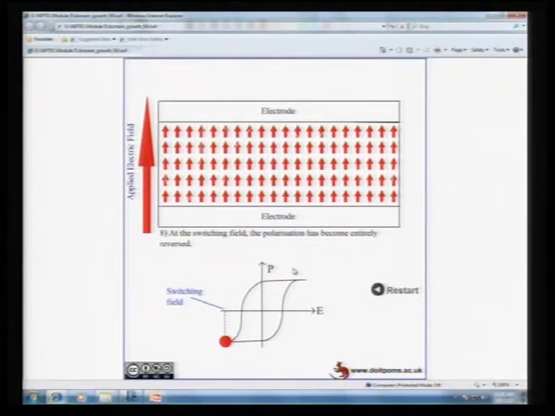As a result, you have plus PR and minus PR and plus EC and minus EC. Any shift in the hysteresis curve is because of extraneous reasons, not because the ferroelectric has that. Ferroelectric intrinsically has this hysteresis loop which is symmetric with respect to both the axes. I hope this animation helps you understand the objectives of this.